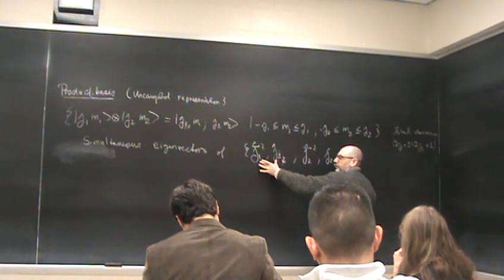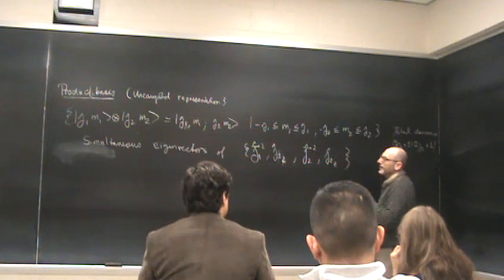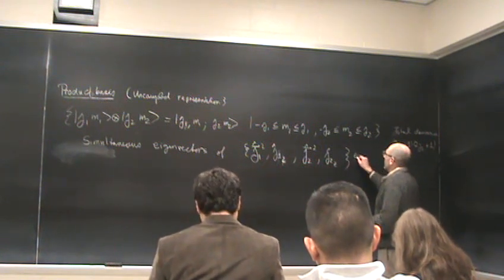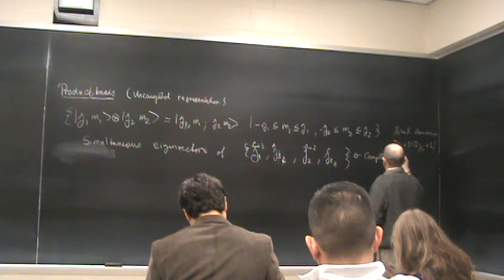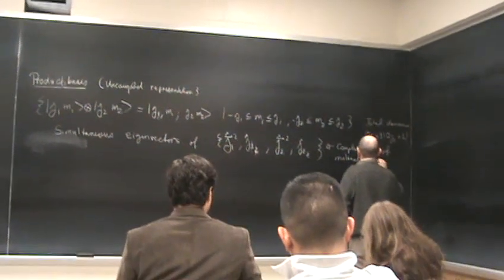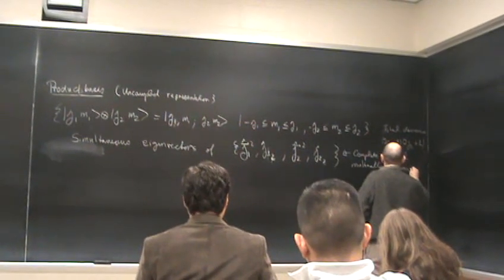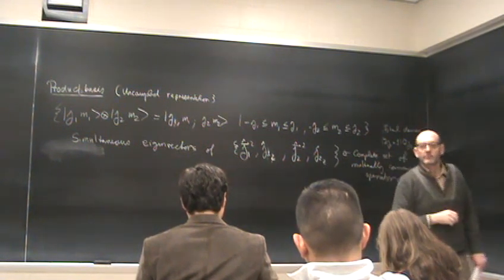These guys commute with these. This commutes with this. And so this is a simultaneous eigenvector of, this is a complete set of mutually commuting operators. Okay.